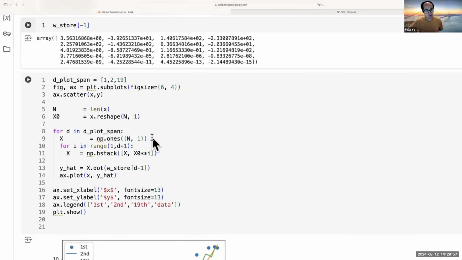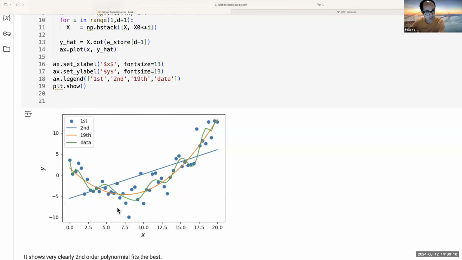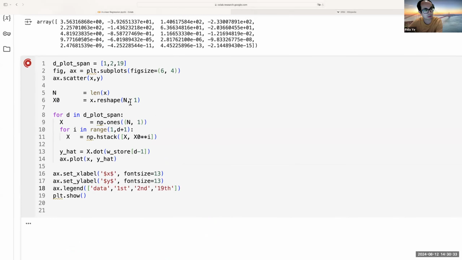Okay, I'm actually going to plot them to see. This is basically the D equal to 1 case. This is a straight line. Sorry, the first line right here. I think I might have made a mistake here. This should be data here. I think it should be like that. The first, which is D equal to 1.